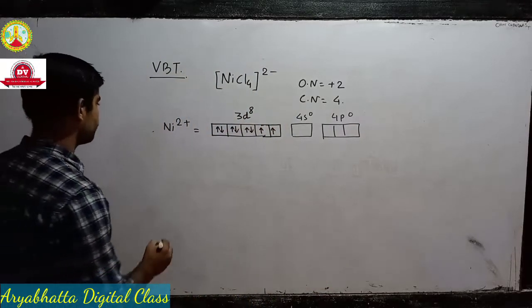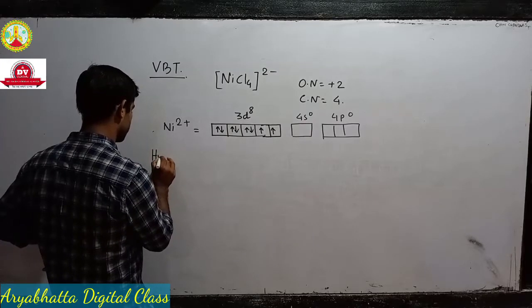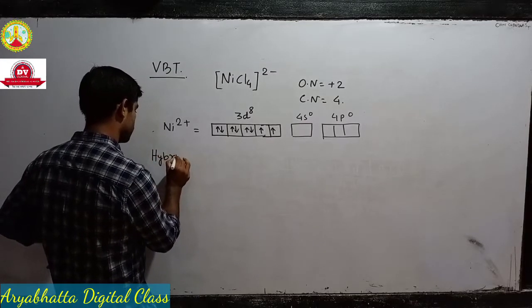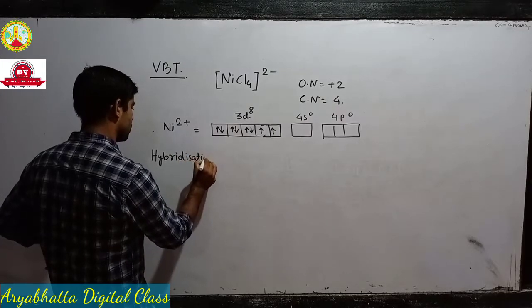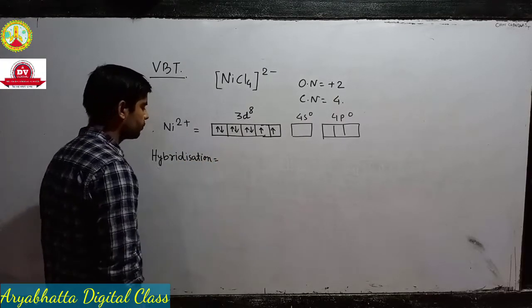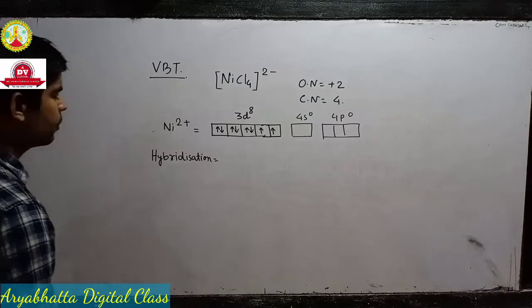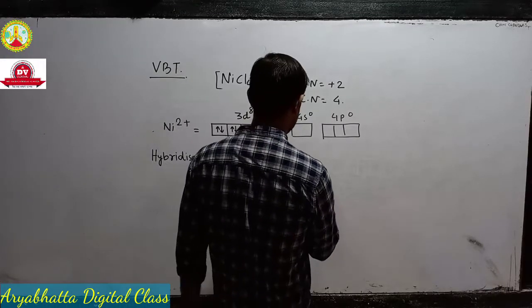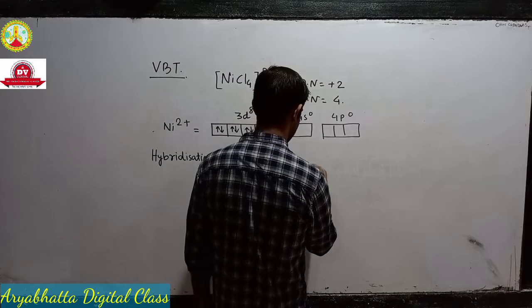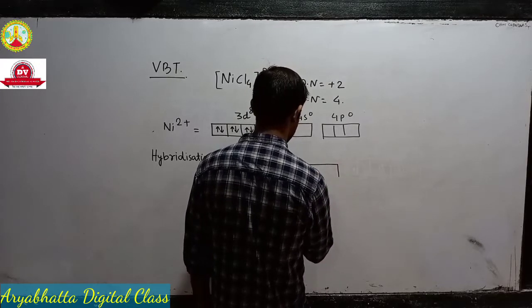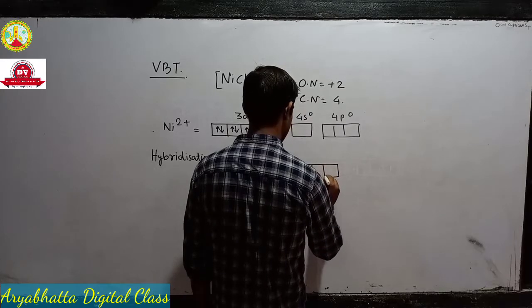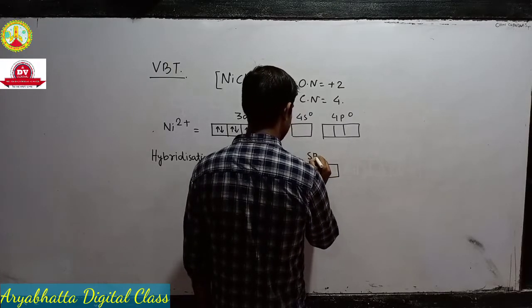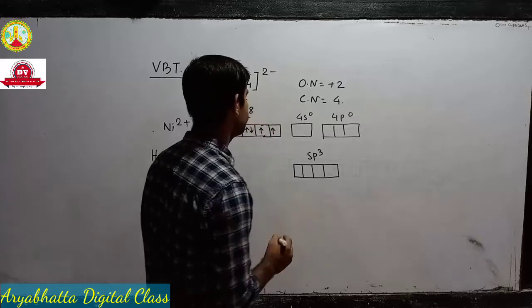Now in hybridization we need 4 hybrid orbitals. So let's take 1s and 3p, so sp3.